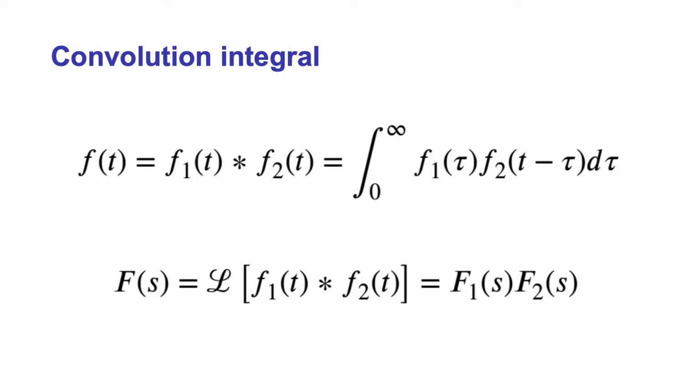Like with the Fourier transform, this implies that a cumbersome operation, such as convolution in the time domain, can be more efficiently carried out in the Laplace domain where it becomes a multiplication.